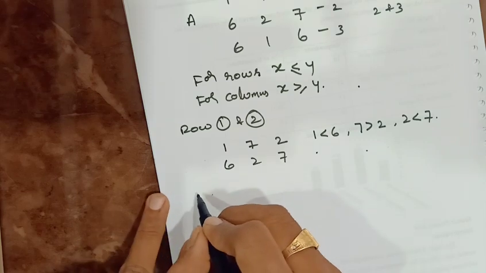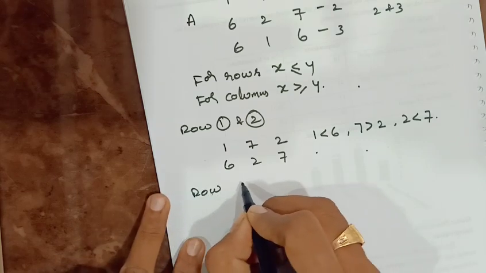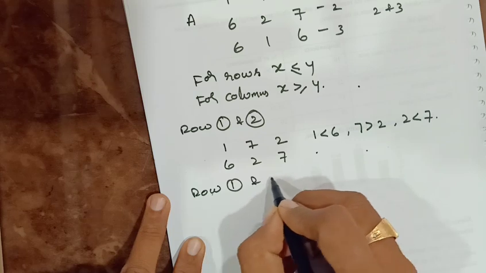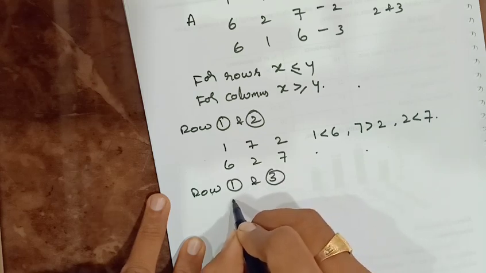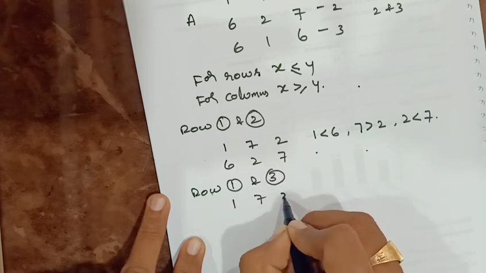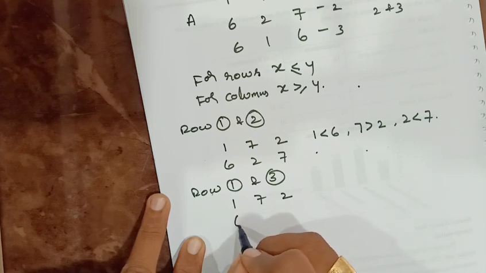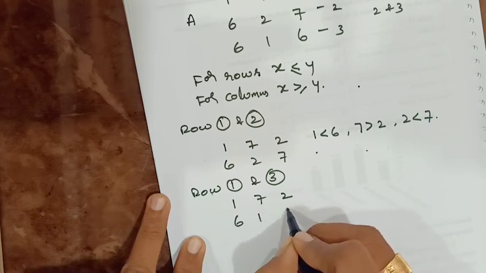Now rows 1 and 3. Row 1 is 1, 7, 2 and row 3 is 6, 1, 6.